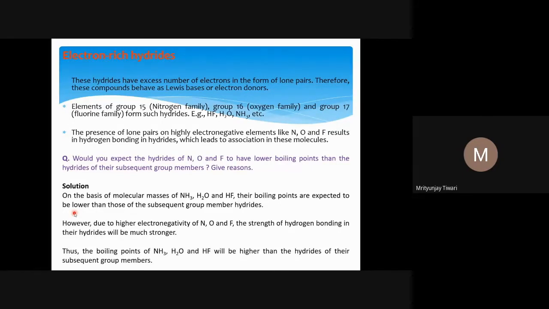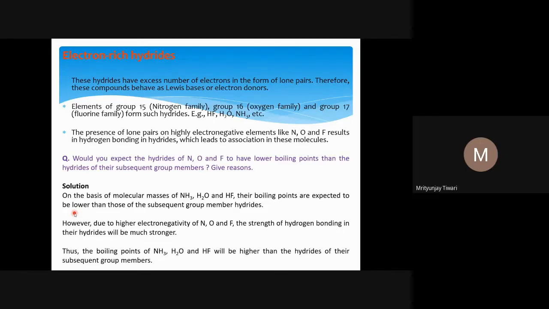If the molecule is heavier, you need to provide higher energy to increase its kinetic energy so that it escapes from the liquid or solid surface. Since these are lighter molecules, one would expect that a lesser amount of energy is needed to melt or boil them.